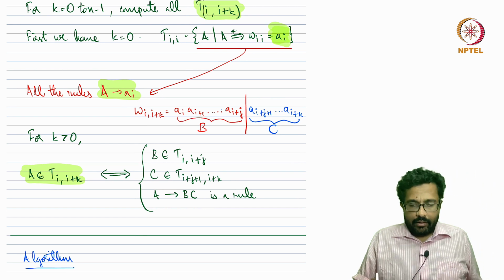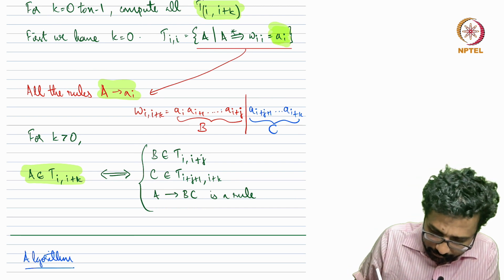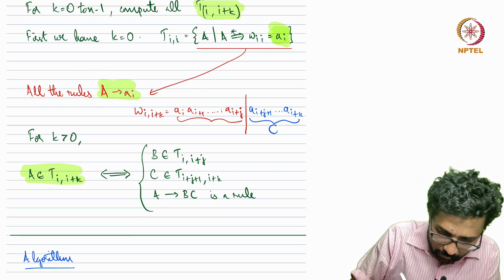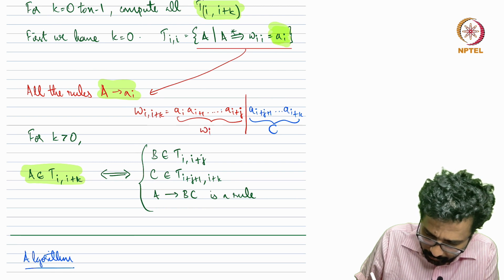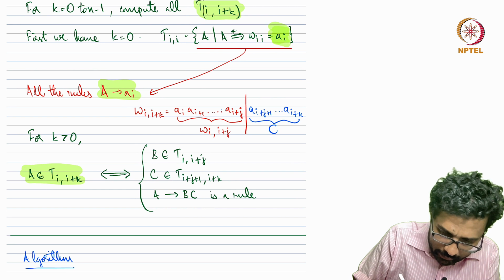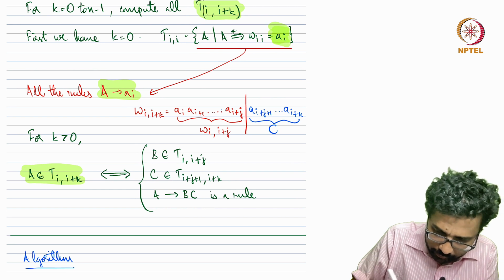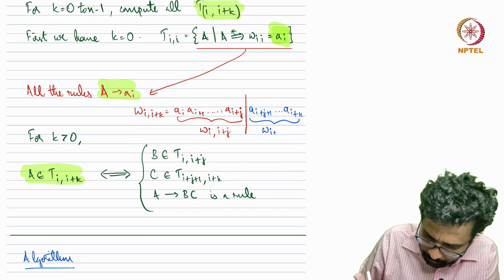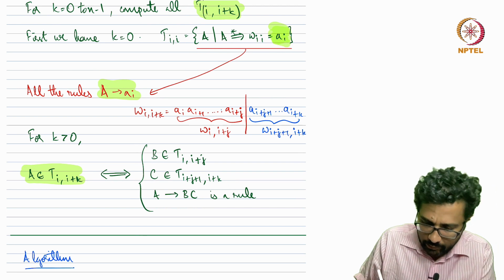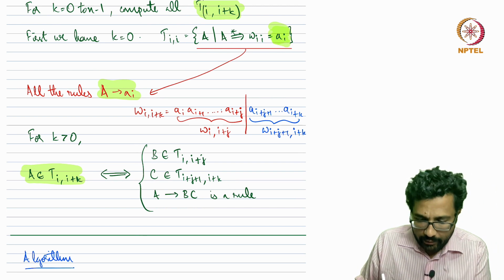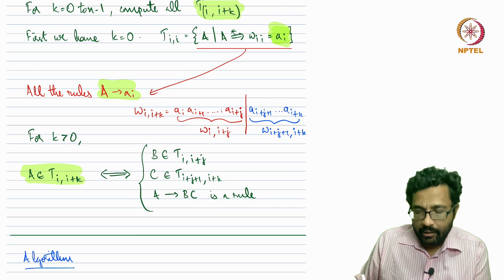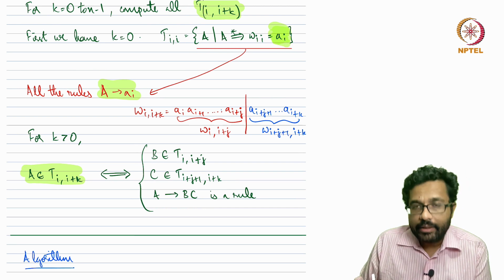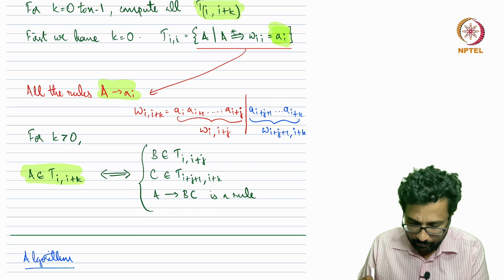So repeating this, this part is W i to i plus j, and this part is W i plus j plus 1 to i plus k, and we want B to generate the part in red, W i to i plus j, and C to generate the part in blue, which is i plus j plus 1 to i plus k.